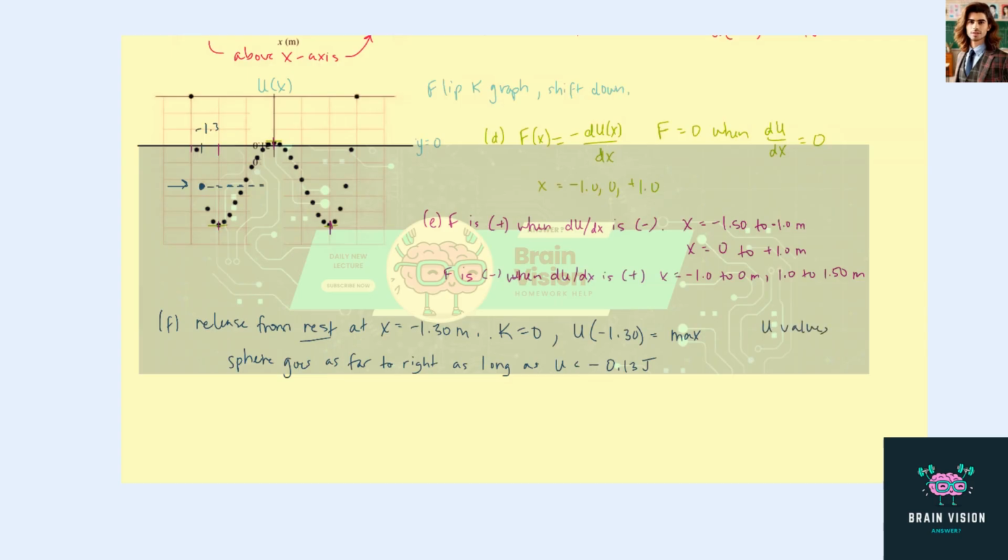I'll make that note for you here: subtract 0.14 from our kinetic energy values and then make them negative. So that means, and I realize my grid lines are a little bit off, this value here is negative 0.5. So we're going one data point before that. So our maximum x is going to be negative 0.6 meters. Our sphere simply doesn't have the energy to get beyond that.